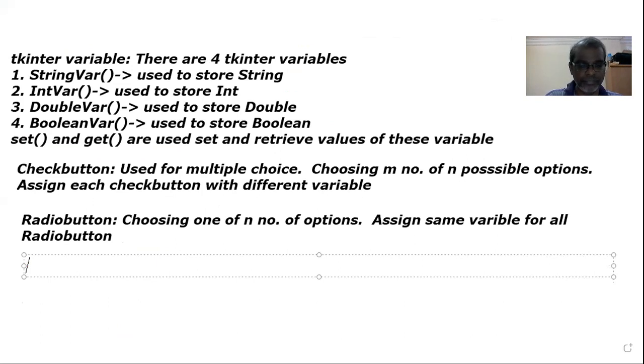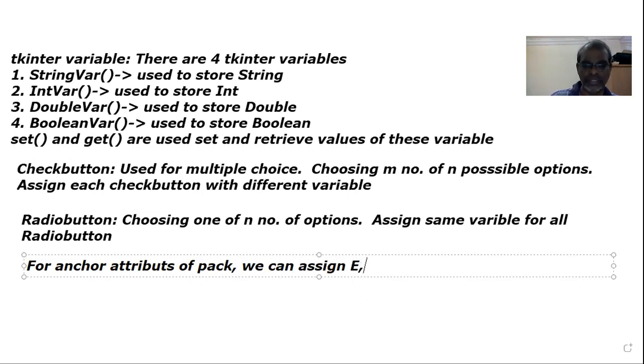For the anchor attribute of pack, we can assign capital E or capital W, capital N for north, or capital S for south. Similarly, northwest, northeast, southwest, southeast, then center. Everything should be capital letters.